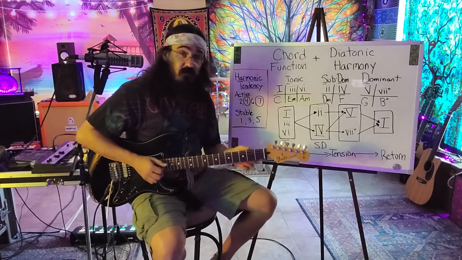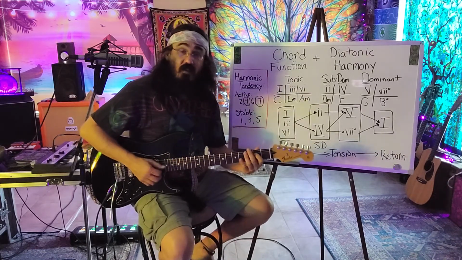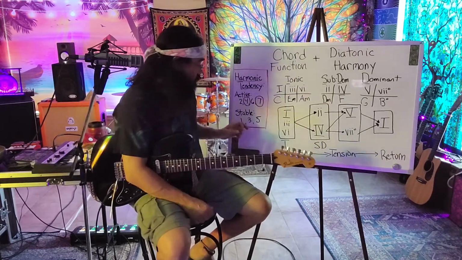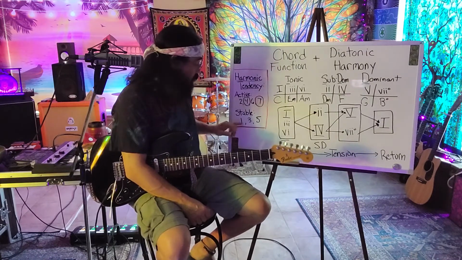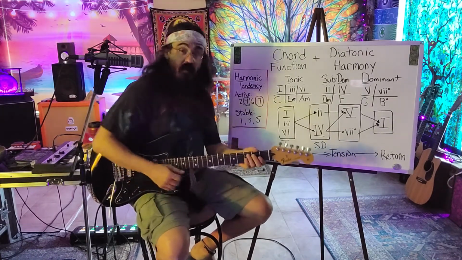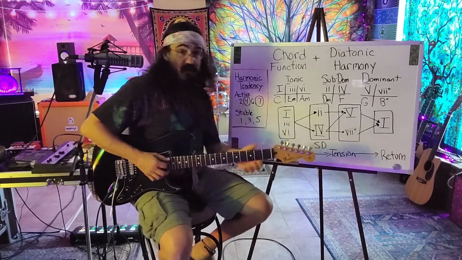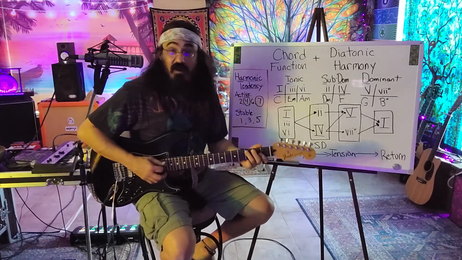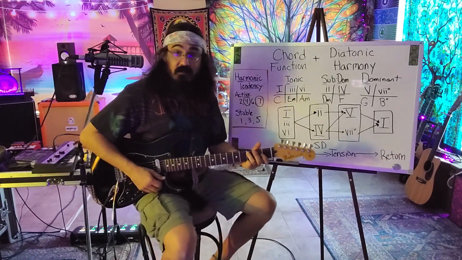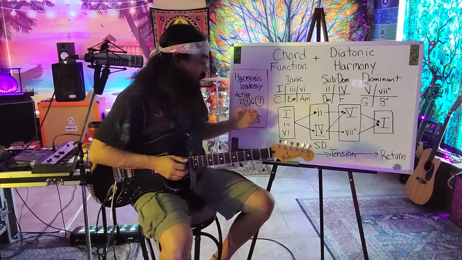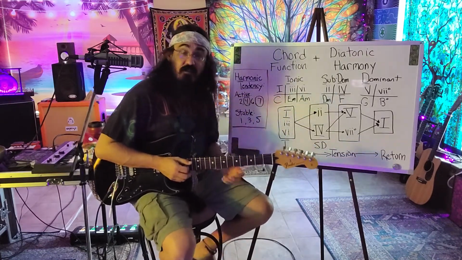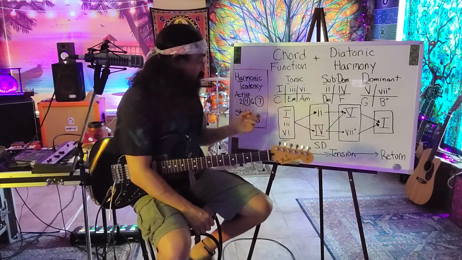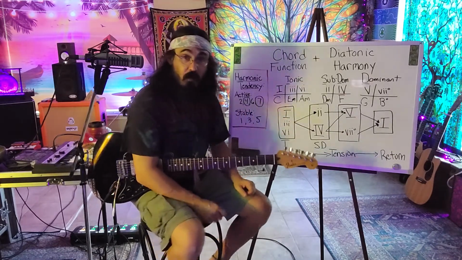Similarly, the 4 wants to go to the 3, but what's the most stable tone of all? The 1, right? So in our case, C. Well, what's the 7? B. So that wants to move up to C. So they have these inherent drives to move to the next closest note, which in this case is a half step. Okay?